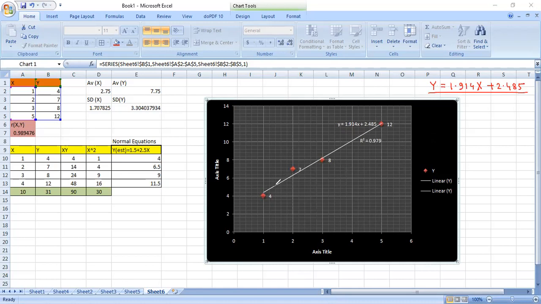And we can see that since it is the line of best fit, this regression equation is the line of best fit. Since there are 4 points, 3 points, the majority of the points, are actually falling on the straight line. Only 1 point is a little bit deviated from the line. So it is not actually a problem.